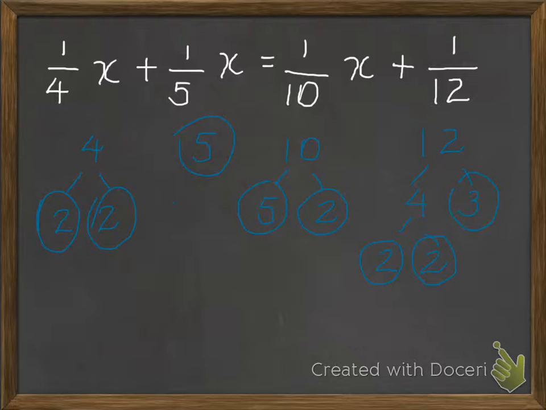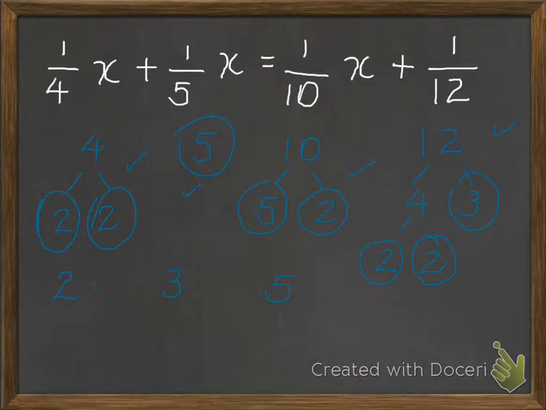Then we think, okay, in my list of prime factors, I have 2, 3, and 5. 2 appears twice here, no times here, once here, and twice here. The most number of times that it appears in any one of these 4 factorizations is twice.